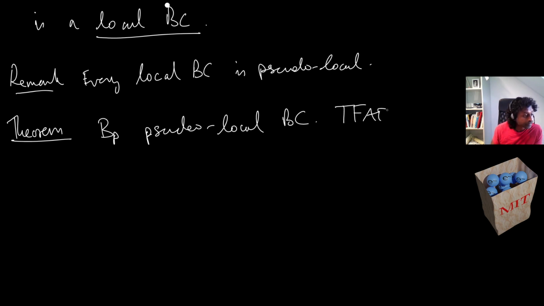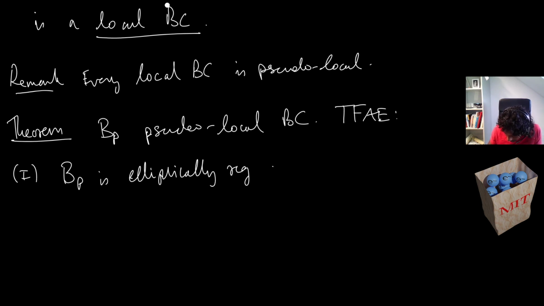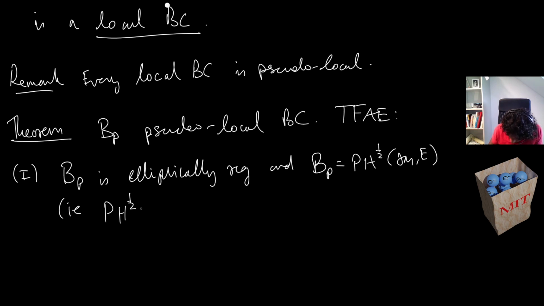One, B_P is elliptically regular, and in that case, actually, we don't need to take the closure. It's just P acting on H^{1/2} is good, i.e. P H^{1/2} is automatically closed in H_D. Okay?